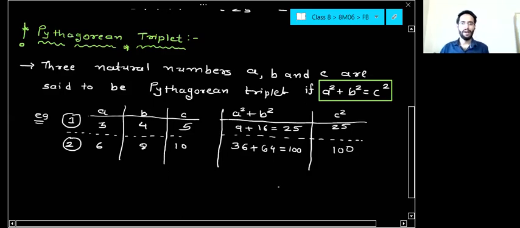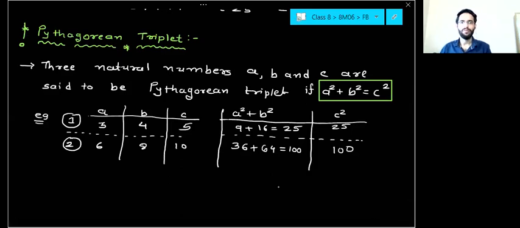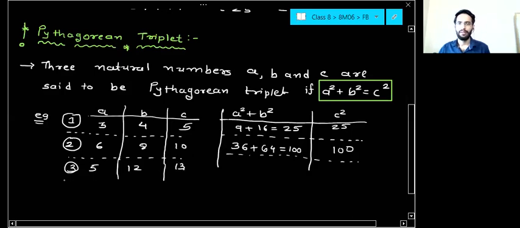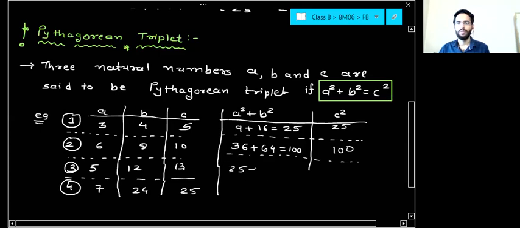Yes, Samarth, we can take 5, 12 and 13 as well. Everyone clear with this? Let me show you one more example. 5, 12, 13. Then one more example is 24, 7 and 25. 5 square is 25, 12 square is 144.